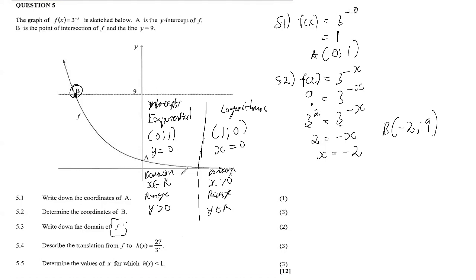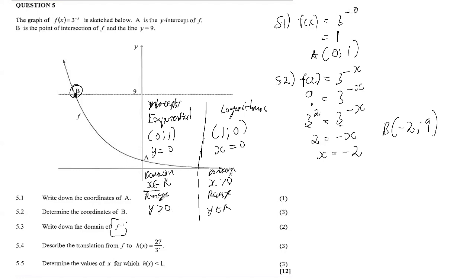So I just want you to observe this. If they ask for the domain of the inverse, and you are working with an exponential graph, know that it is just the opposite of what you have in your exponential graph. For the exponential graph, we say x is an element of real numbers, but for the logarithmic graph it's x greater than 0, which corresponds to the range here.